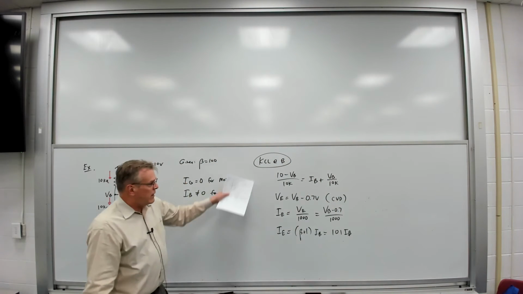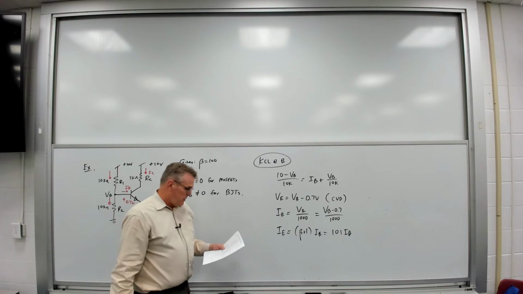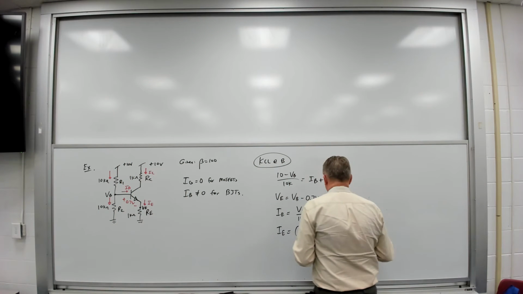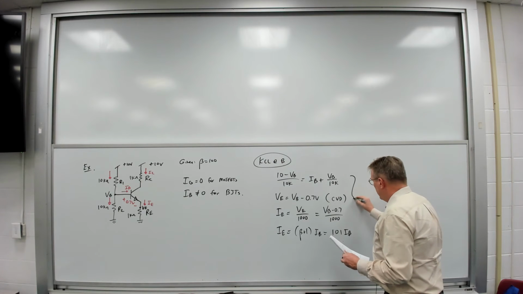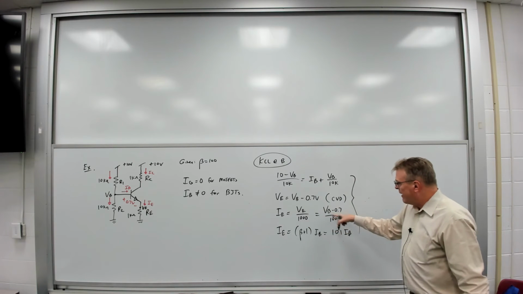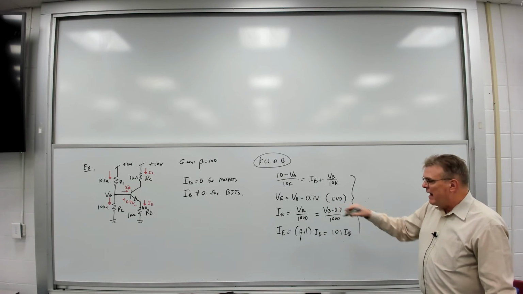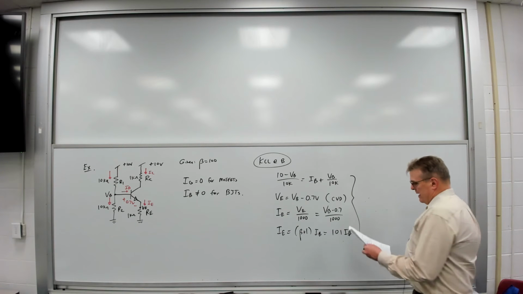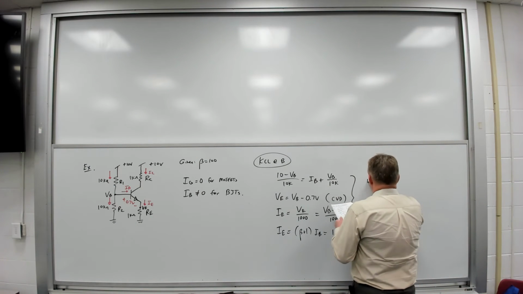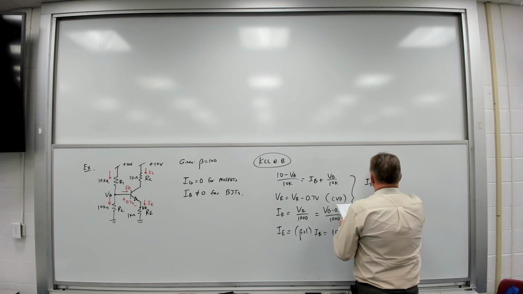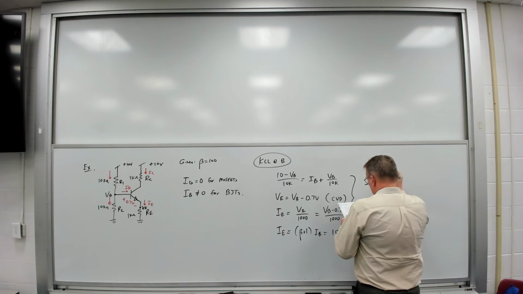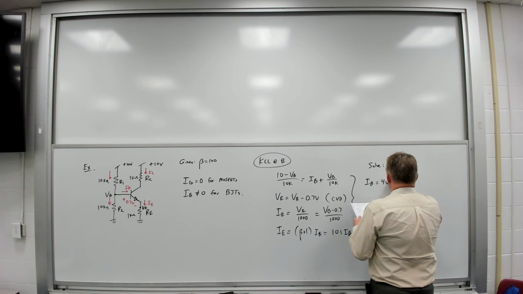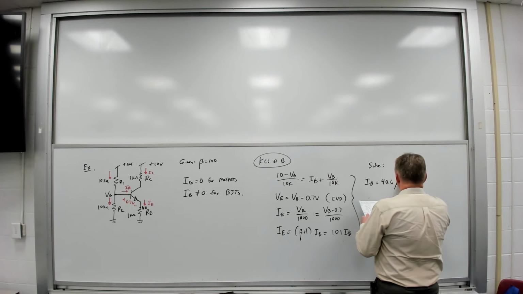And so again, I can now go through and solve for these equations. At this point I only need to solve for IE and IB. What I will get is that IB will be equal to 40.6 microamps.